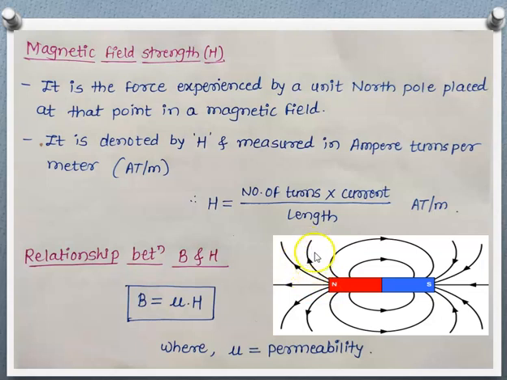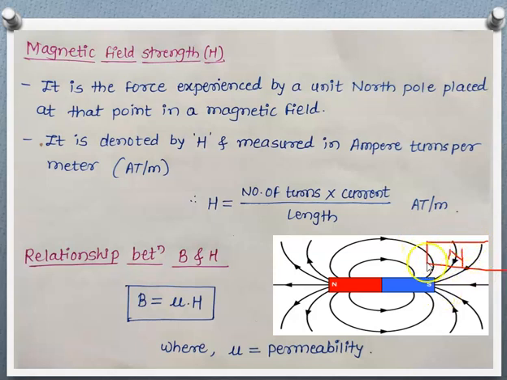It can be calculated with the help of another magnetic field. Suppose this is the magnetic field of this magnet and we have placed another magnet here, and this is the north pole of the second magnet.